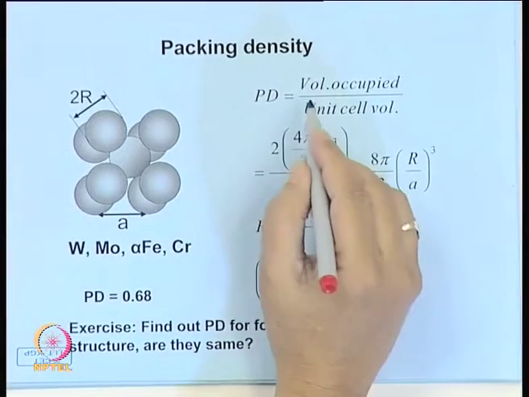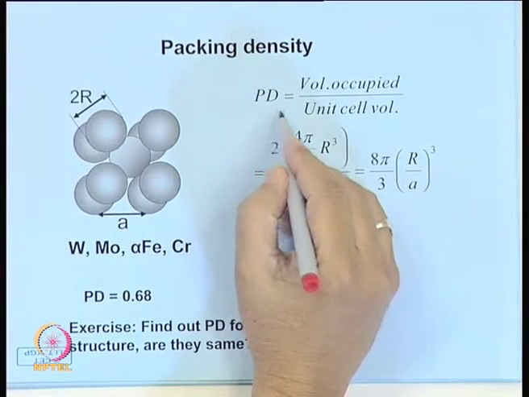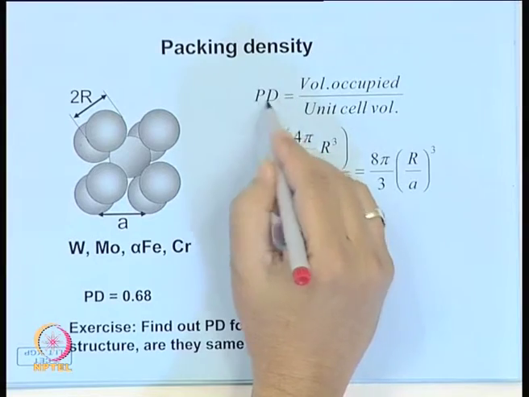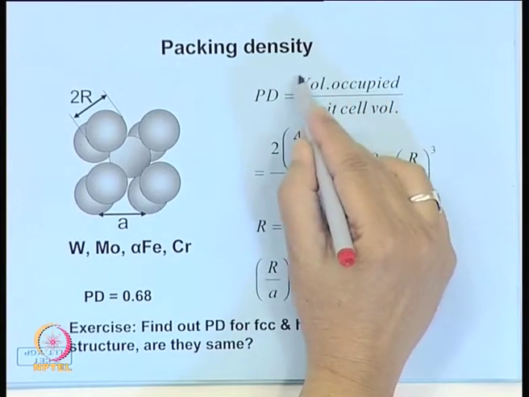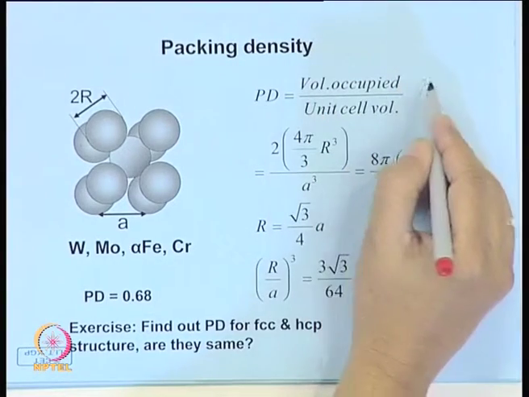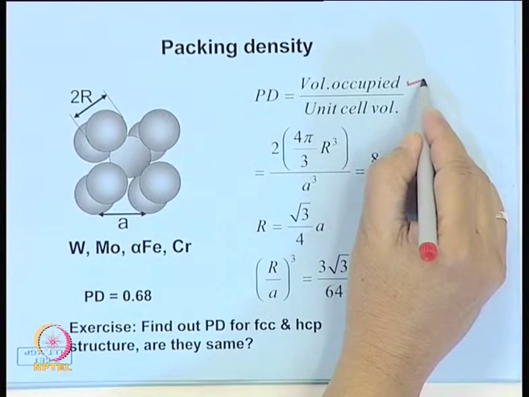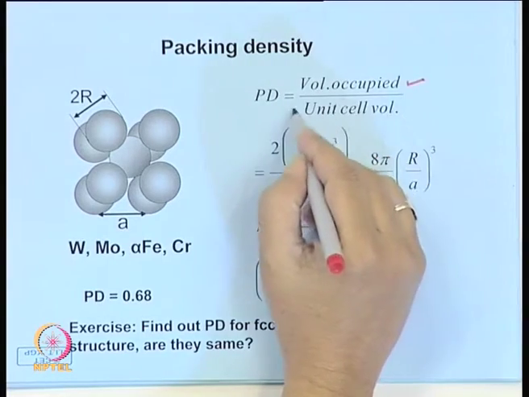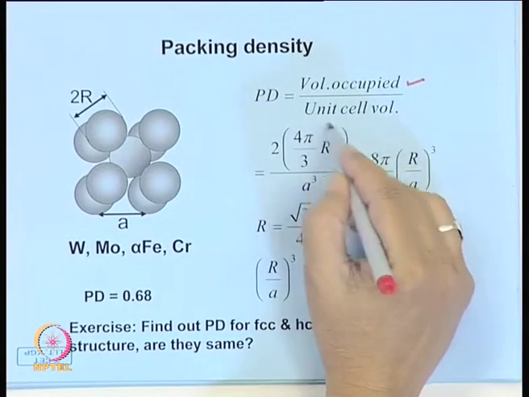Say, how do you define packing density? You define the packing density as the volume which is occupied by atoms, assuming them to be made up of hard spheres, over the unit cell volume.